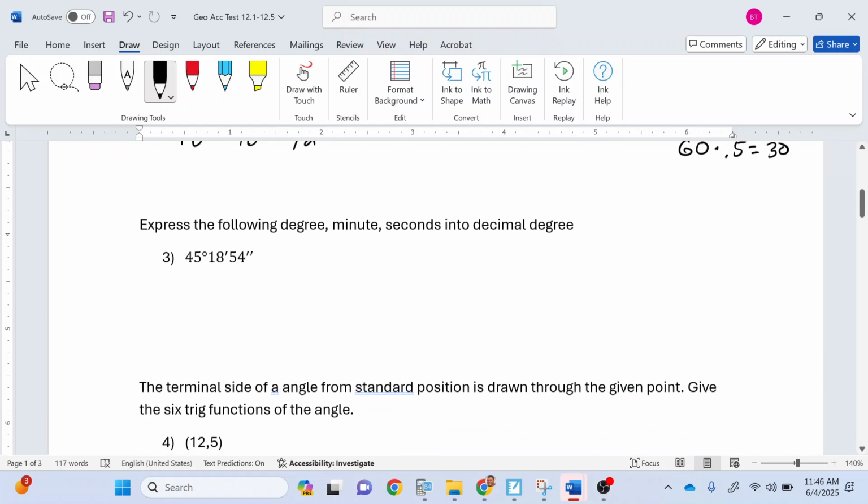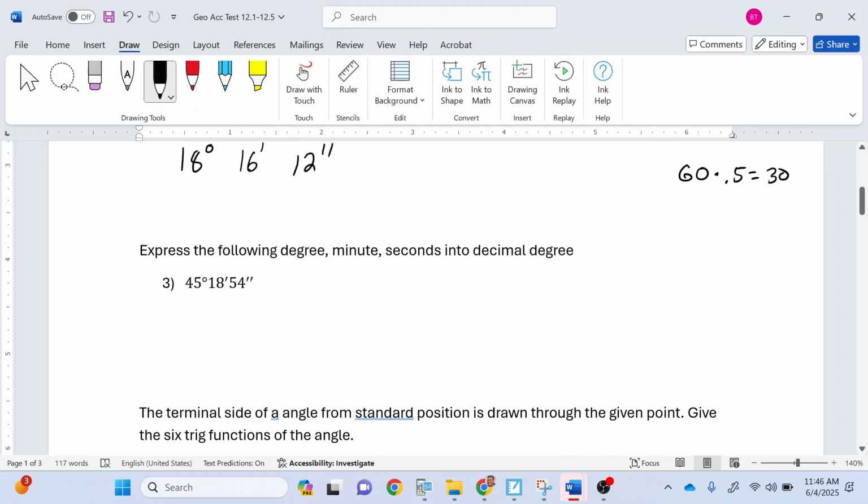Over here, we're going to do the reverse, which is going to be dividing. So I know 45, technically over 1 because it's per degree, plus for every 18 minutes, that's out of 60 minutes in a degree, plus 54 out of 60 times 60, which is going to be 3,600.